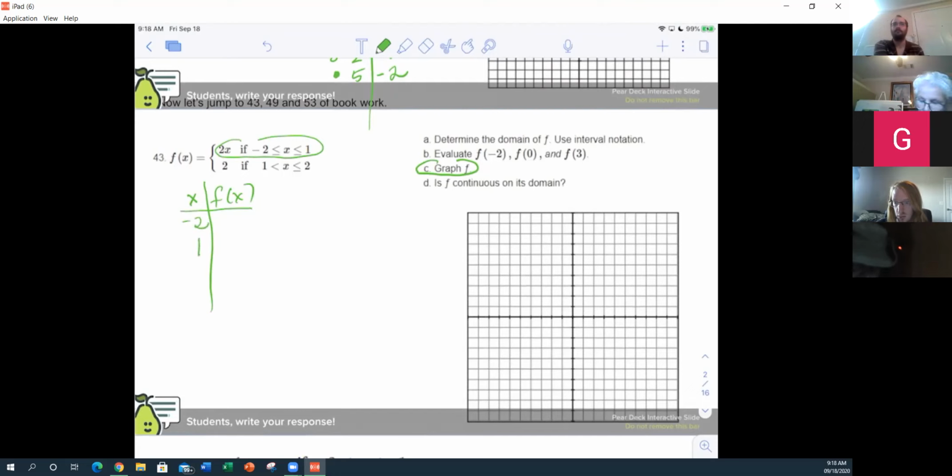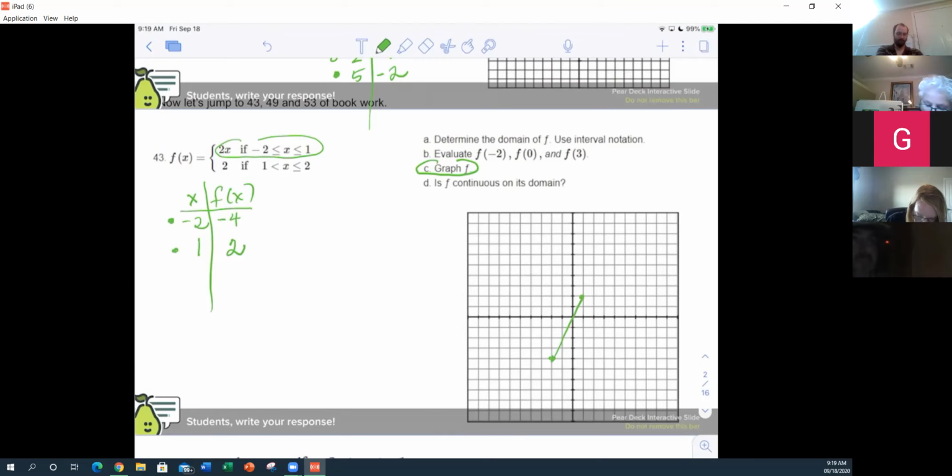And what kind of dots are going to be on there? The filled in dots, exactly. So 2 times -2 would be -4, and 2 times 1 would be 2. So two points on this graph are (-2, -4) and (1, 2), and those are both filled in.